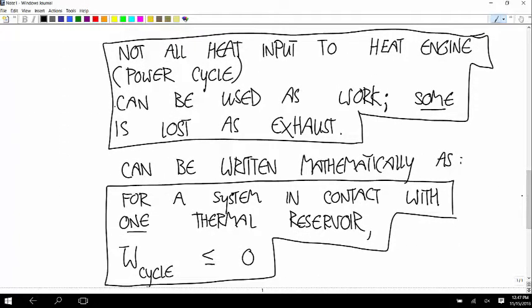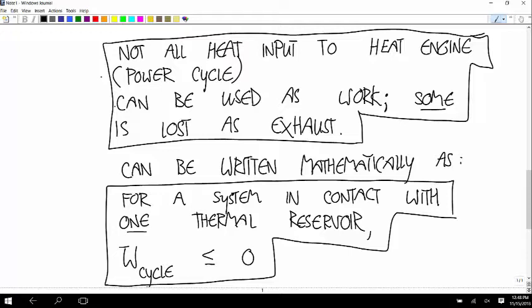And how do those work together? Well, the idea is if you don't have any of your energy lost to the exhaust, exhaust is lost to a second thermal reservoir. Normally for a heat engine, you'd have a high temperature reservoir that the heat's coming in from. That's the coal you're shoveling into the fire to make the engine go. Then you have a cold reservoir that the exhaust goes to.